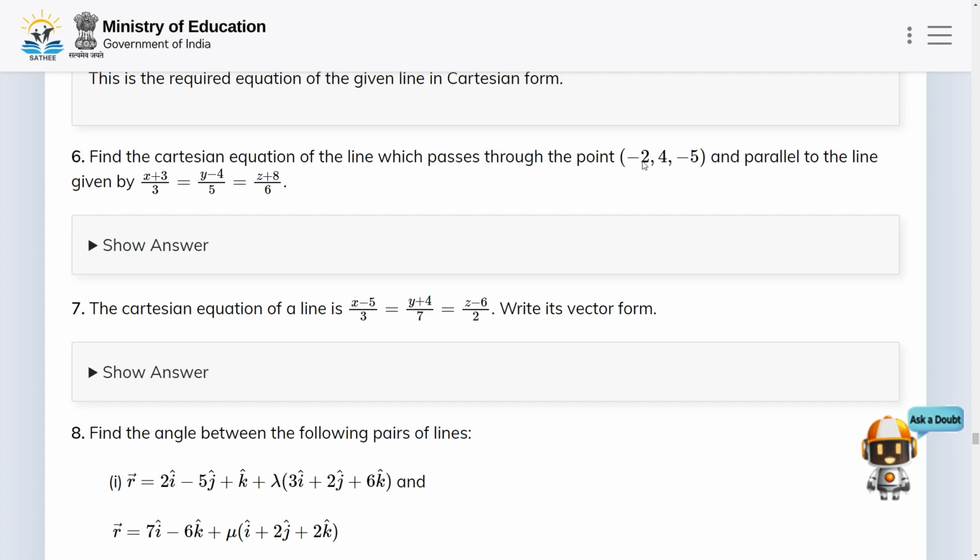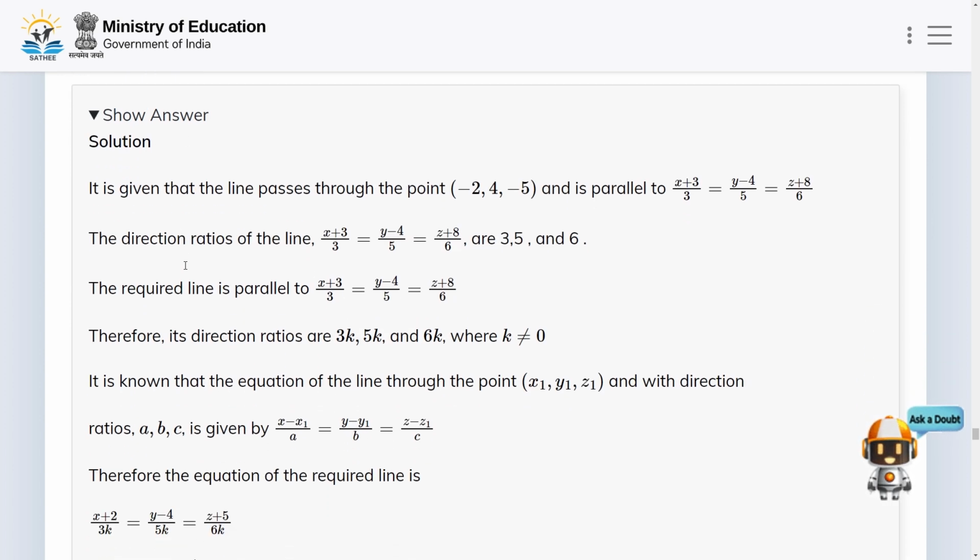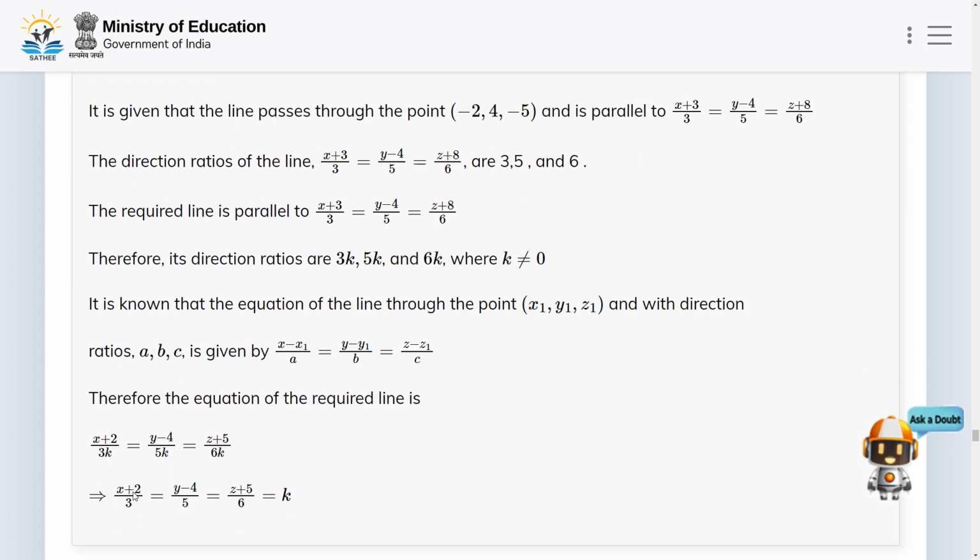and passing through this point. This means that if you want your equation in Cartesian form, you will have x plus 2, y minus 4, z plus 5 in the numerator, and in the denominator x plus 2 divided by 3, y minus 4 divided by 5 and z plus 5 divided by 6, as you can see. (x plus 2) divided by 3, (y minus 4) divided by 5, (z plus 5) divided by 6 is equal to k, some lambda, any scalar constant.